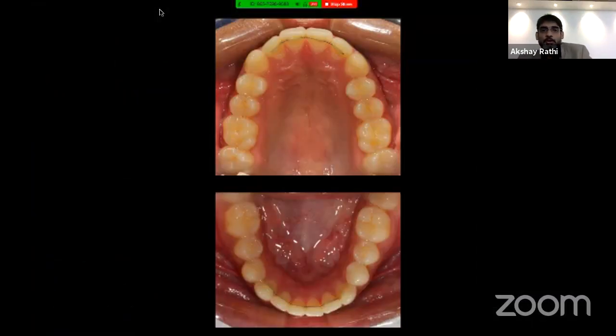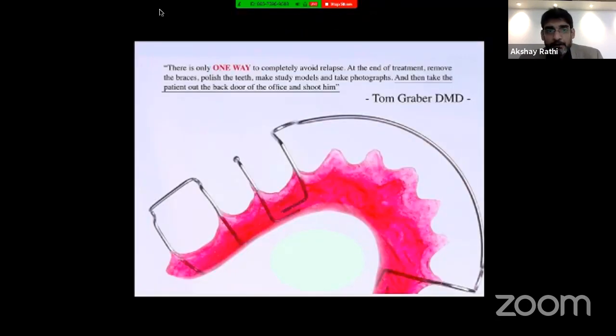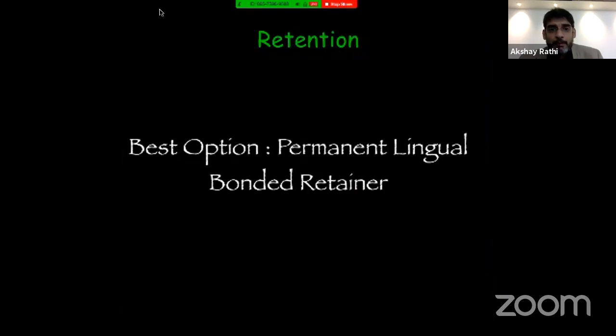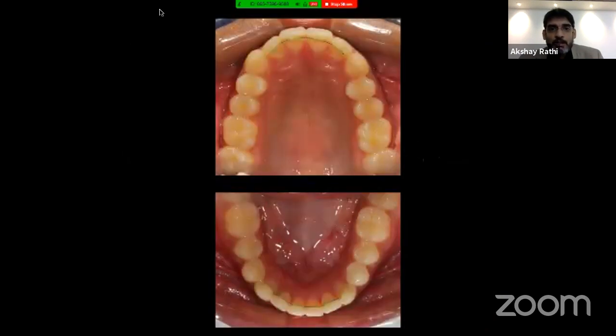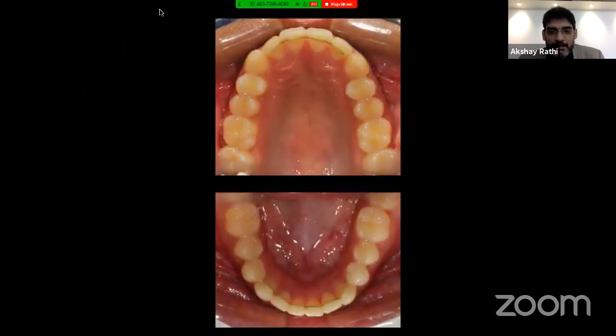Yes, so this was a case of crowding and the best option, like I told you, was the permanent bonded lingual retainer. Here you can see a 3 to 3 with the twisted ligature wire in the lower arch and 2 to 2 in the upper arch. And the plan B is after I place this, I take measurements.